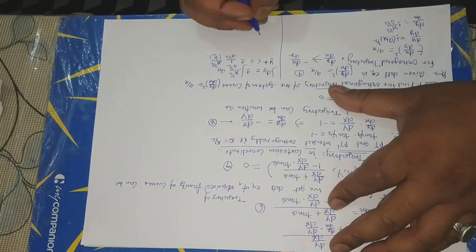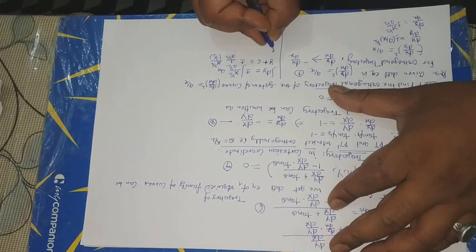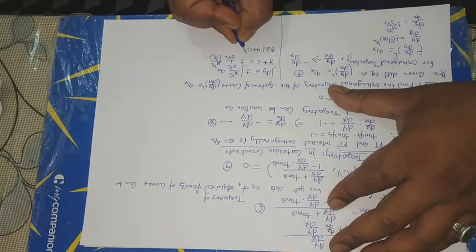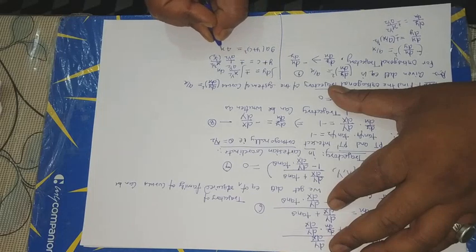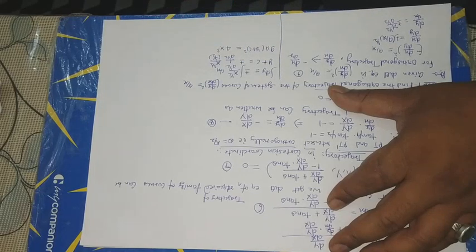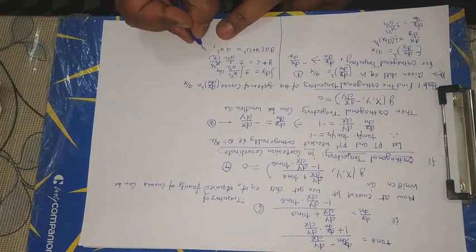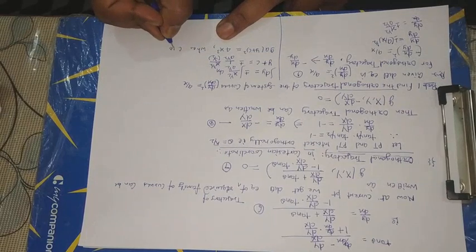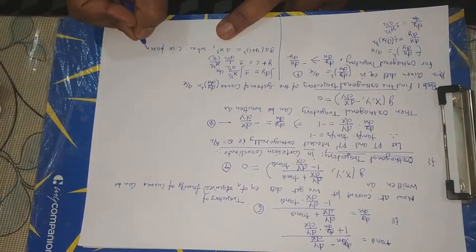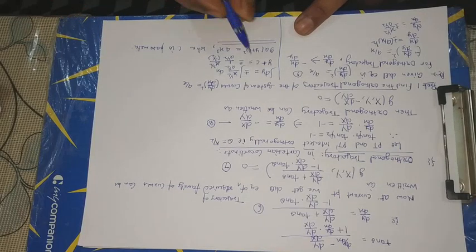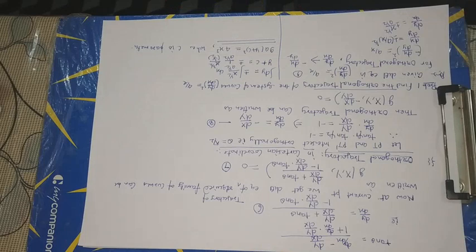Now cross multiplying and squaring, 9a into y plus c whole square is equal to 4x cube, where c is a parameter. This is the required orthogonal trajectory of the given system of curves. Okay student, this is the complete solution.